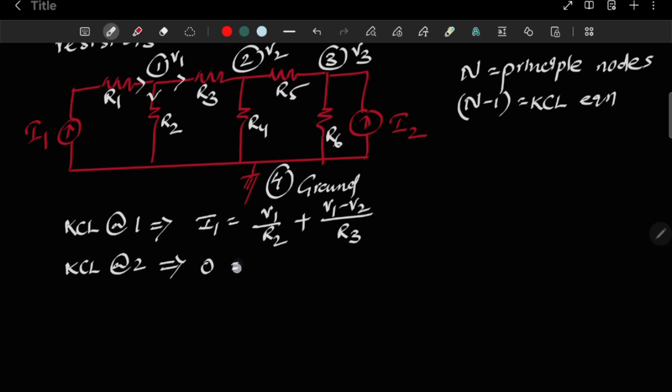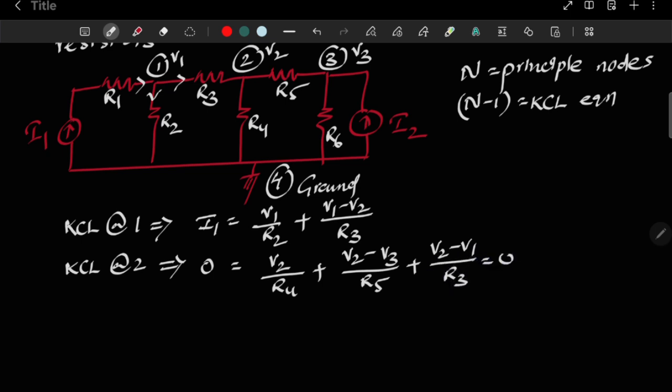The sum of the entering currents is equal to 0, and the sum of the leaving currents is nothing but, through R4, V2 by R4. For R5, the voltage across R5 is V2 minus V3, so the current is V2 minus V3 by R5. And for R3, the voltage is V2 minus V1, so the current is V2 minus V1 by R3. It is equal to 0.